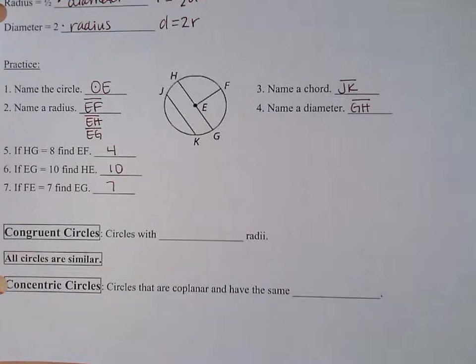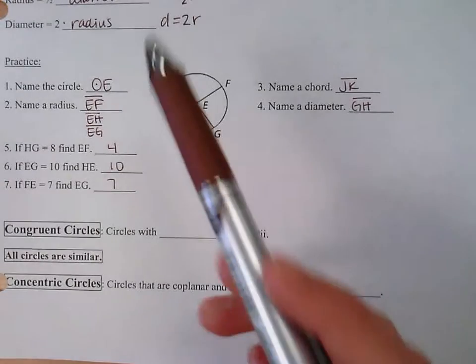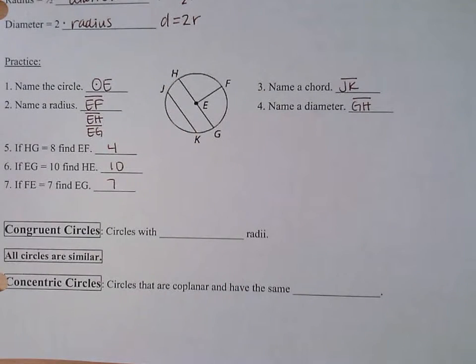Give you another minute here just to answer those, and then we'll check. All right, looks like we all might be good, but take a look up here to check what you have. So naming the circle symbol, the center is E, so it would be circle E.